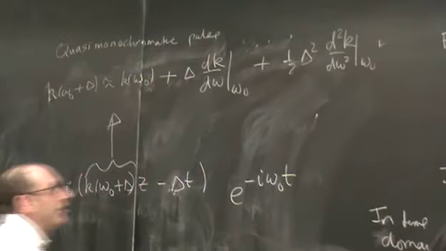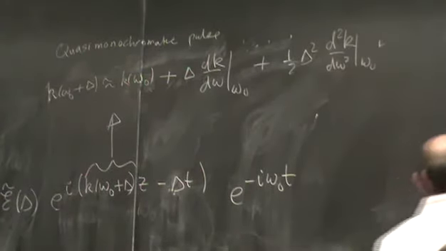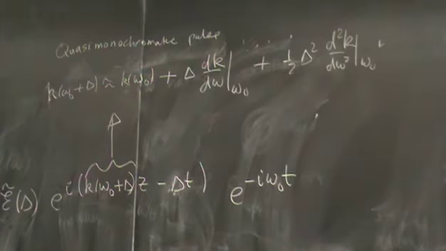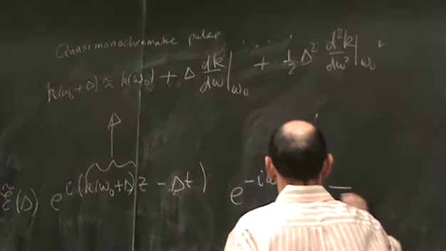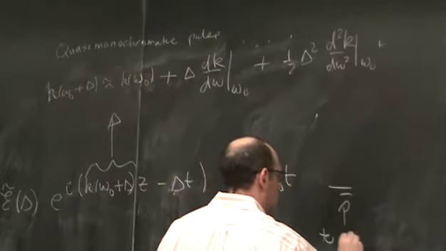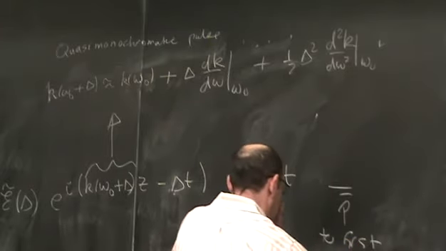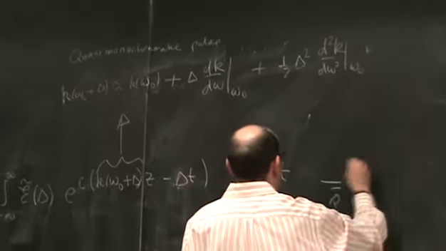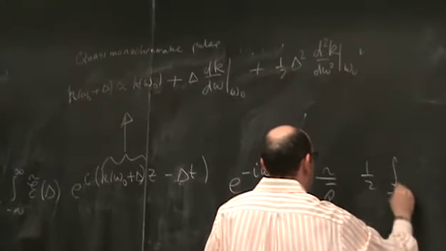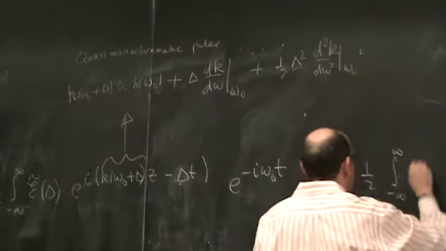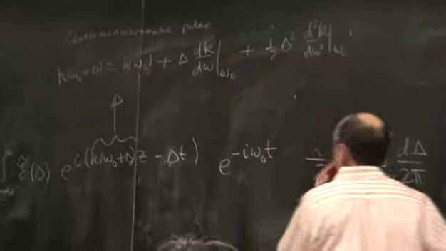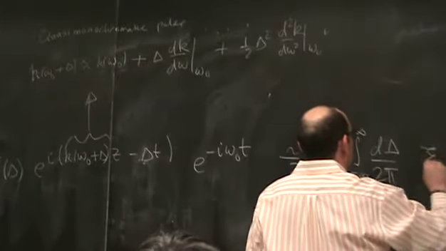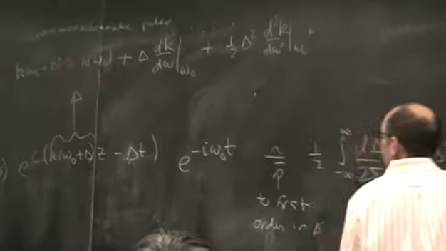If we just take the first order term in delta, this is approximately equal to 1 over 2 times the integral from minus infinity to infinity of d delta over 2 pi, integrating over all delta, but this is only peaked near delta equals 0.